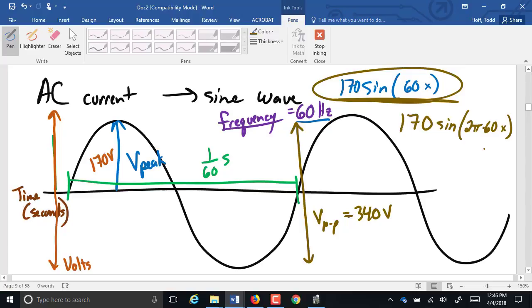So it's 60 cycles per second is your frequency, but we want to look at it as radians per second rather than cycles per second. 2 pi is a single cycle. So 2 pi times 60 is your radians for your frequency. That should look familiar for those couple problems off your test.